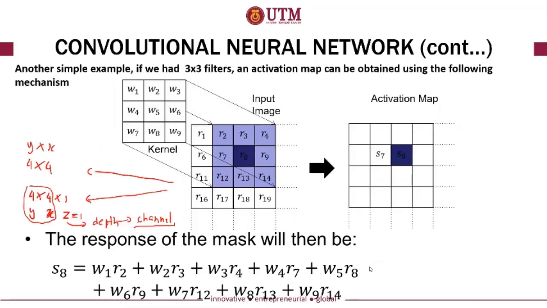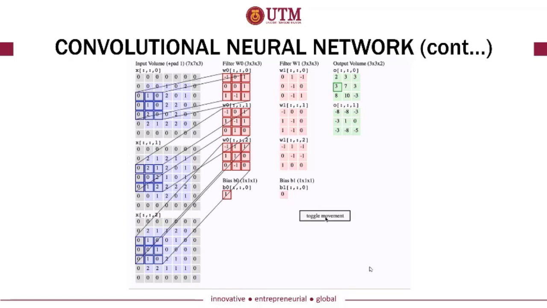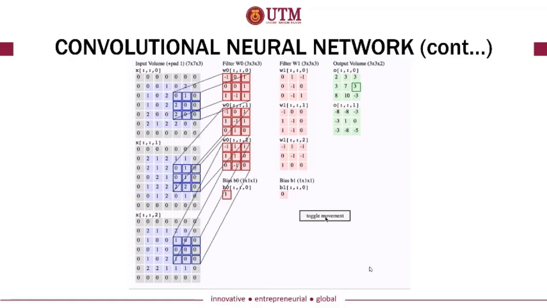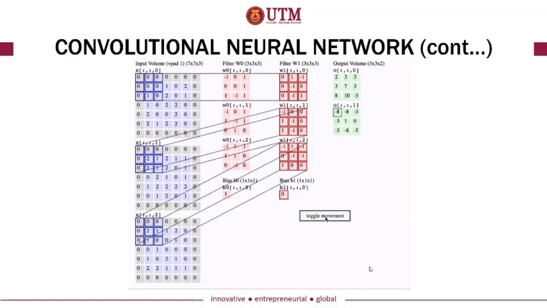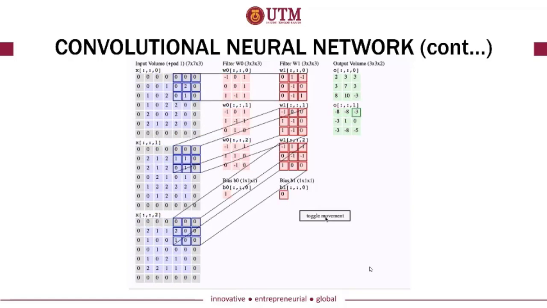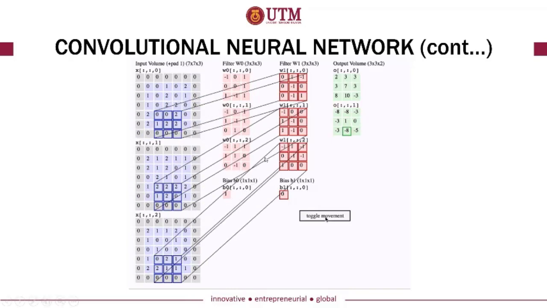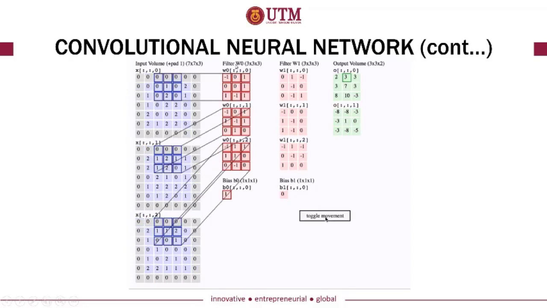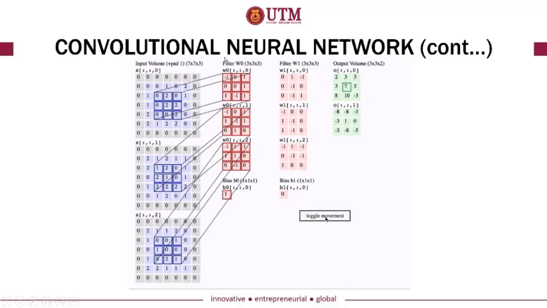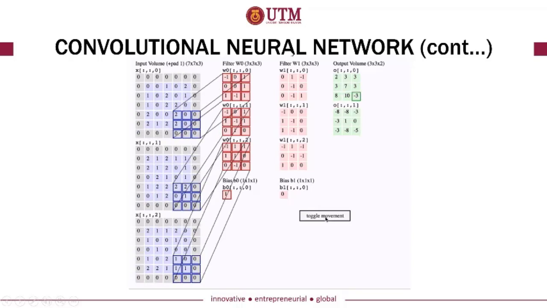Okay, this one we have discussed before. Again, this animation shows how the convolution works in three dimensions. Actually, it's a three-dimensional convolution operation. You can see that this is the input image, R, G and B for example, and this is the first filter, this is the second filter.